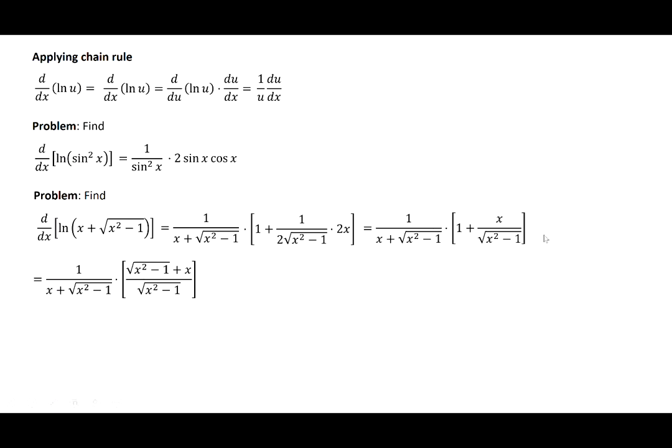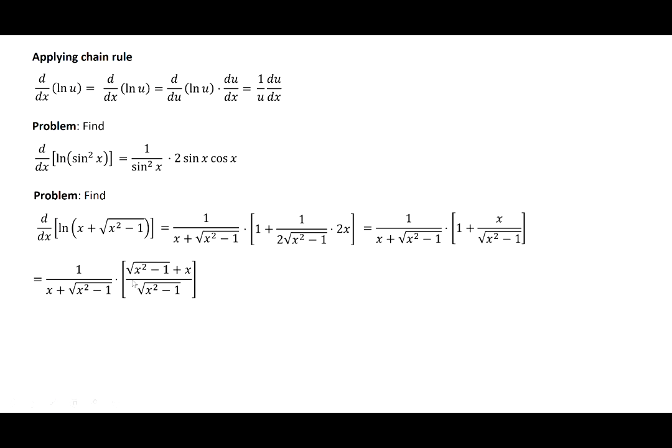Okay, add the fractions. It's better to say it that way. And so when you do that, you get square root of x square minus 1 plus x over square root of x square minus 1. Right?